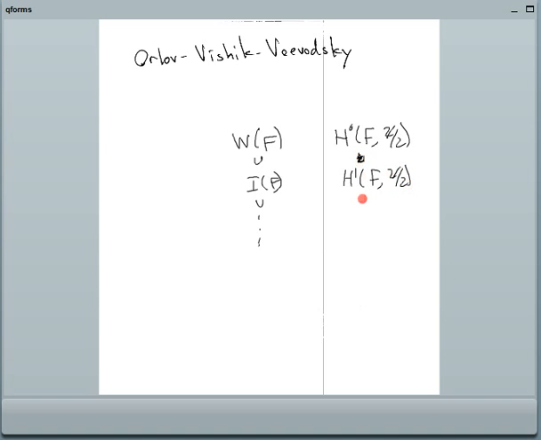There's no containment there really, these are just a sequence of groups. And it turns out it also gave this interesting relationship with what's called Milnor K-theory.